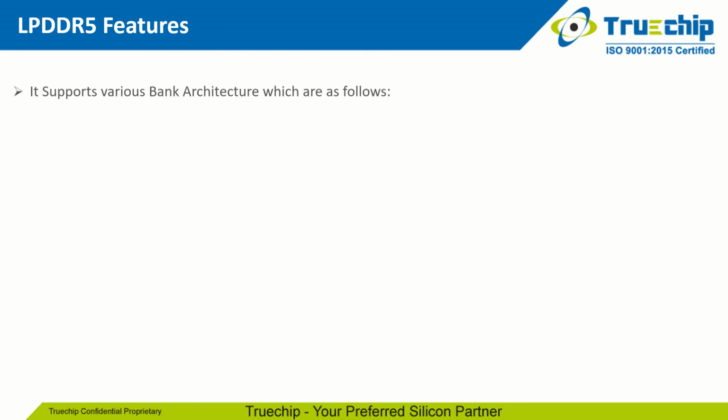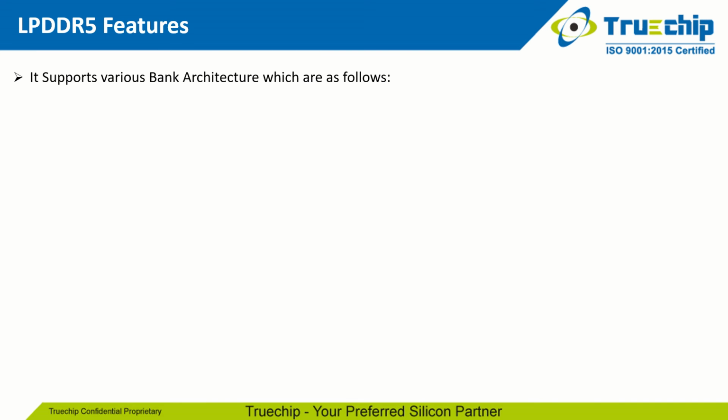Now let's talk about LPDDR5 key features. So the first feature is the bank architecture. LPDDR5 and LPDDR5X SDRAM support multiple bank architectures to provide optimal access methods for varied system configurations. The native bus lanes determined by data prefetch sizes depend on which bank architecture is enabled.